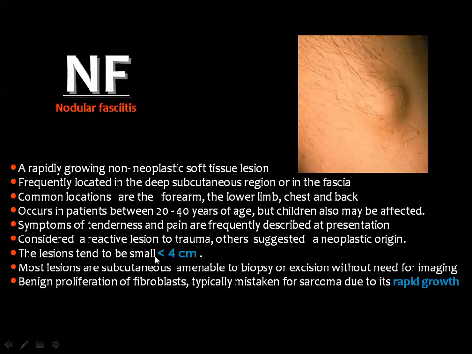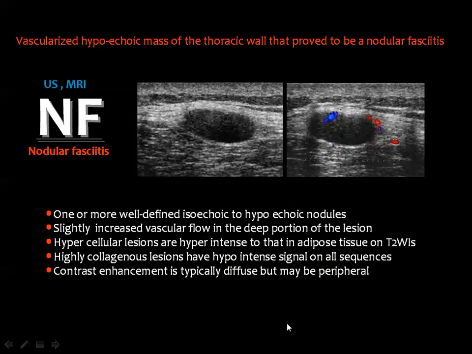The lesions are usually small, in the range of 4 centimeters or less. Nodular fasciitis will appear as a well-defined isoechoic or hypoechoic lesion, and they will show some vascularity on Doppler ultrasound.